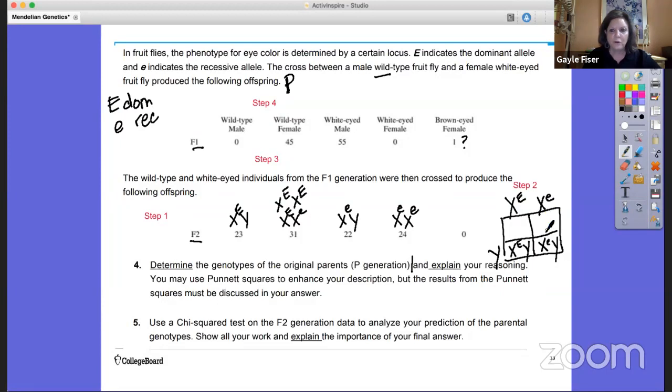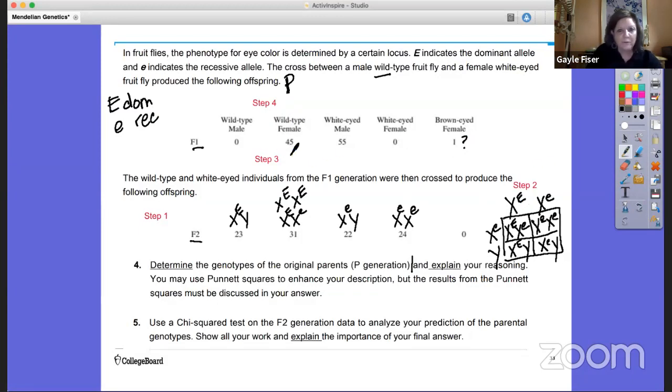Now let's put our girls in. If this is here, then this would have to be here. Okay, so these are those offspring, so their parents, these right here.